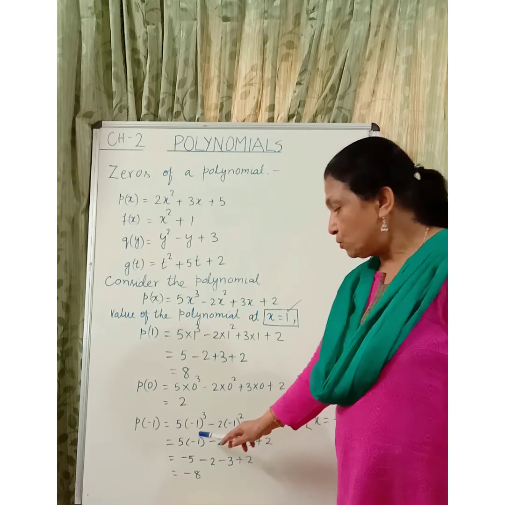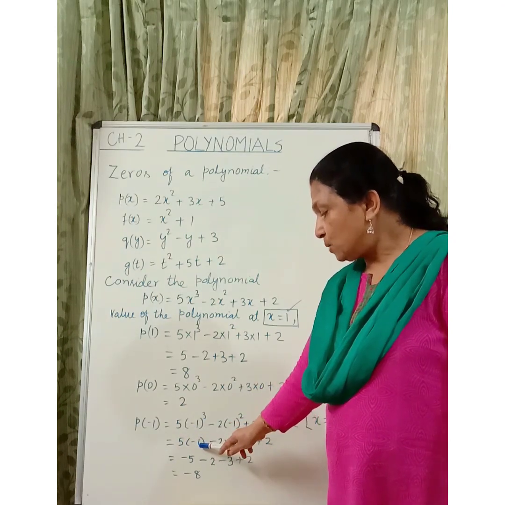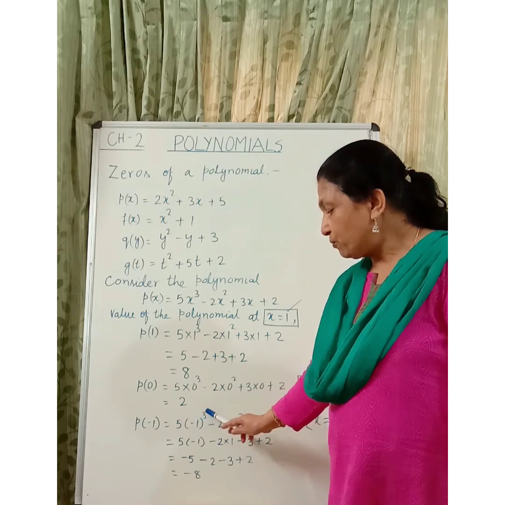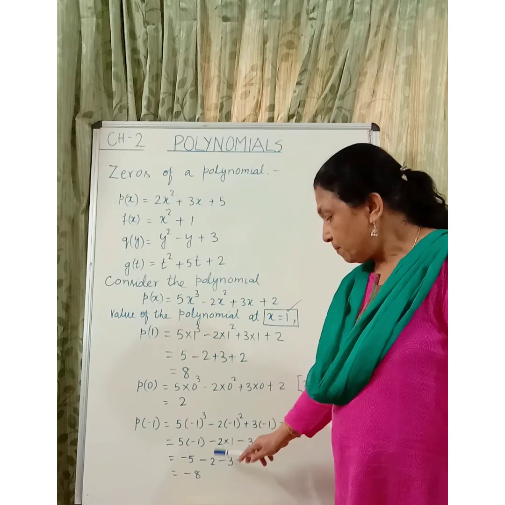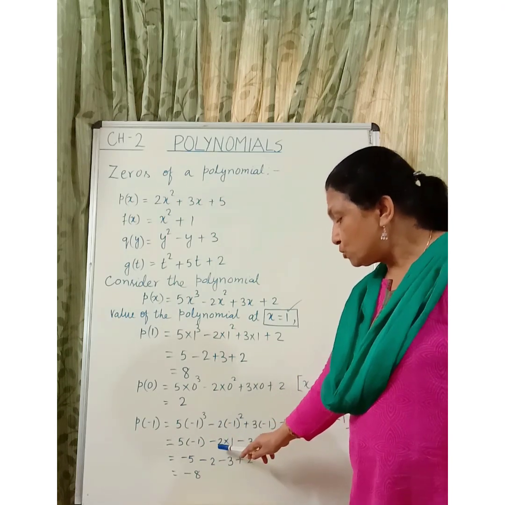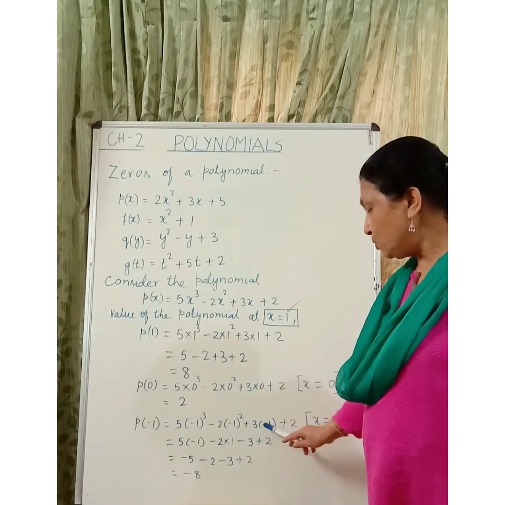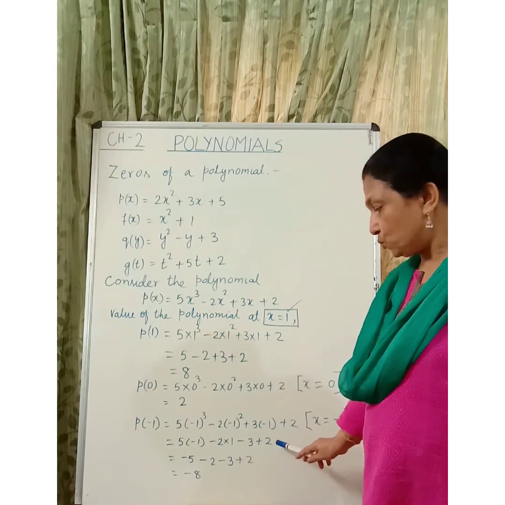Minus 1 cube is minus 1. You can see the power of this negative integer is odd, so the value becomes negative. Minus 2 into minus 1 square, which is 1, so 2 into 1. Then 3 into minus 1 is minus 3. The last term is plus 2.